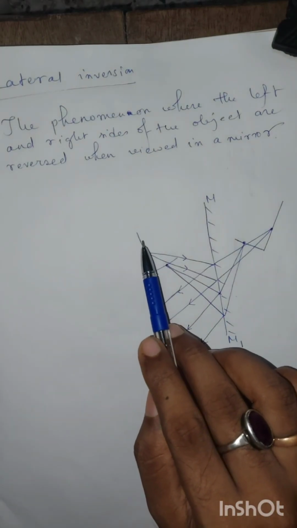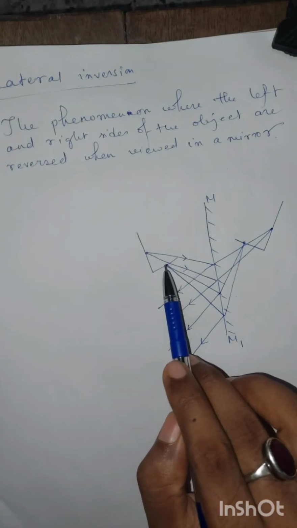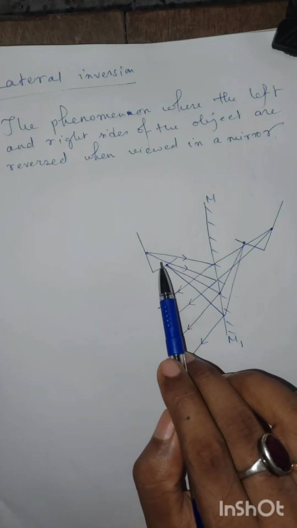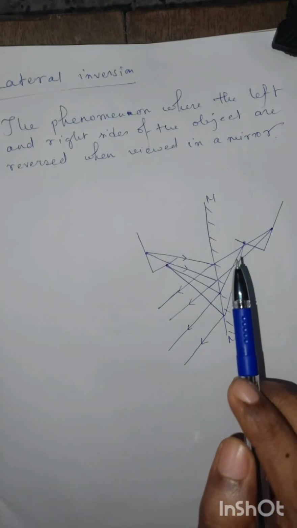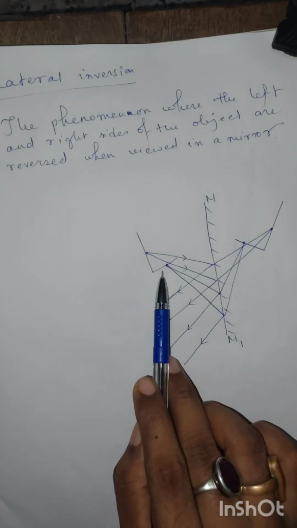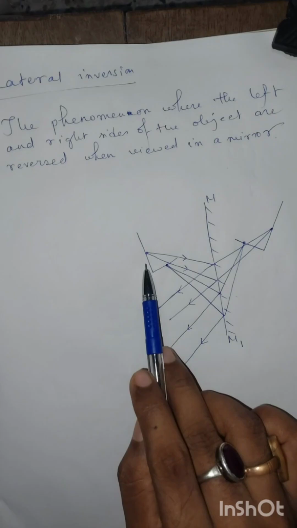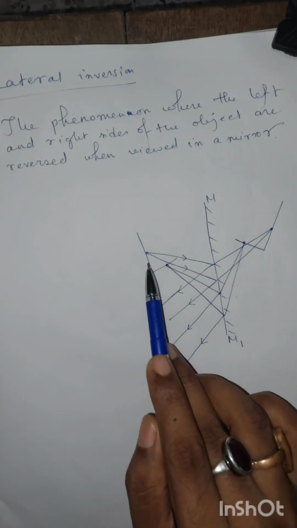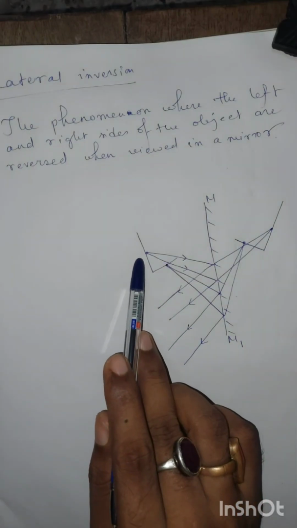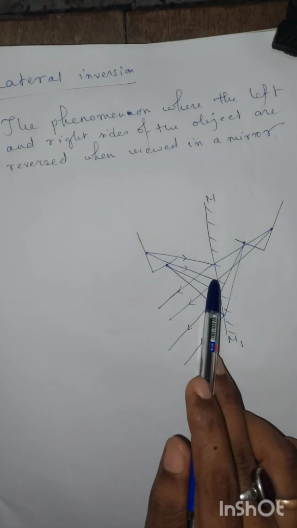So light rays are coming out from this letter. We have considered 2 points. Similarly, L contains many points, but we have only considered two for simplicity. So for this point, two rays are coming out and getting reflected.